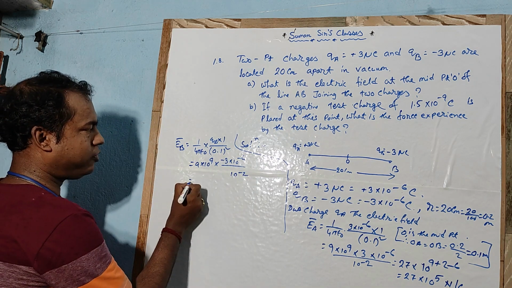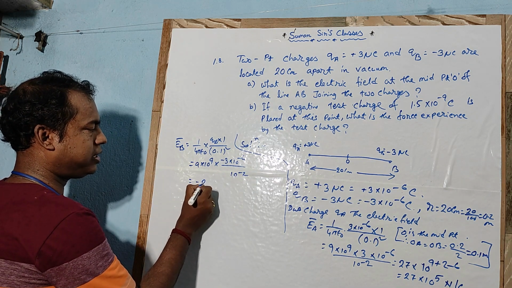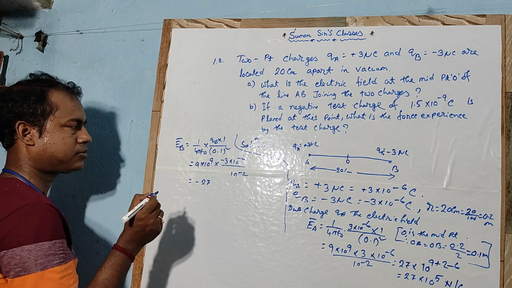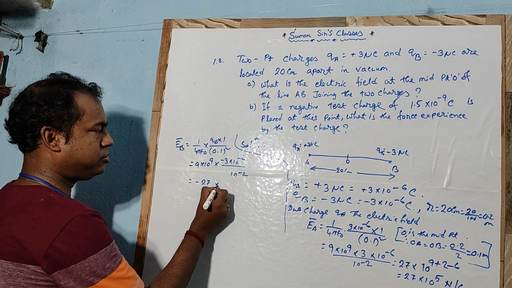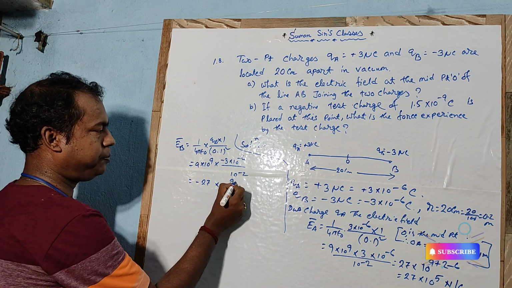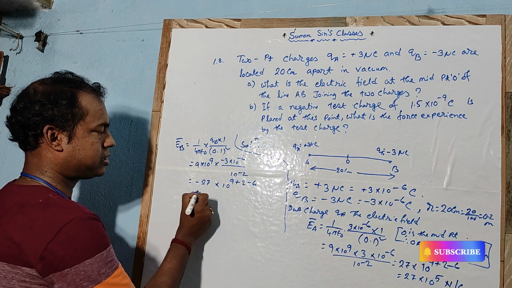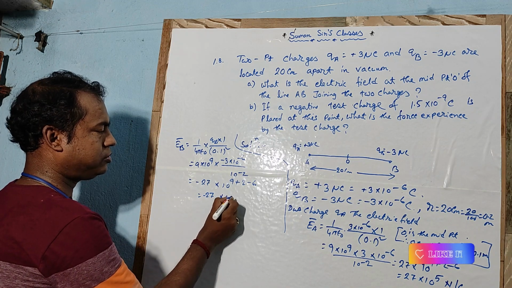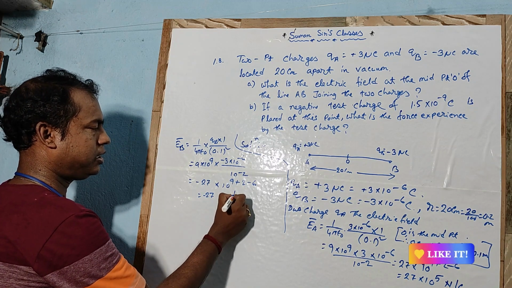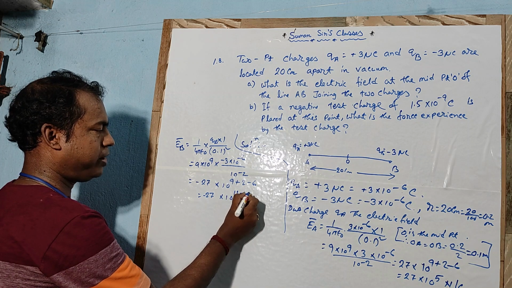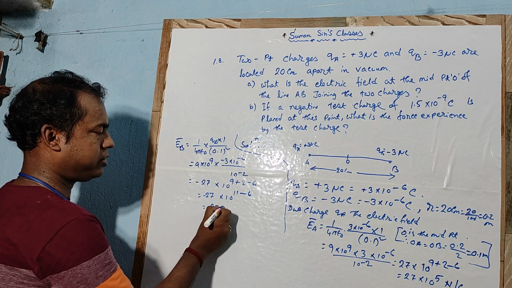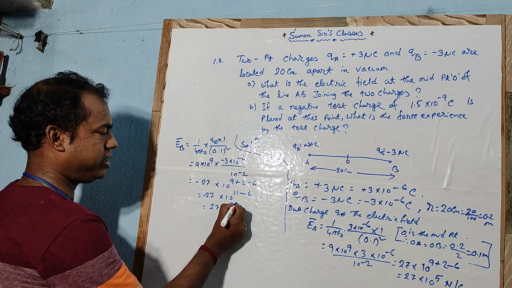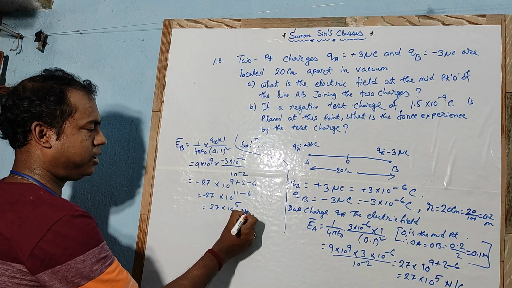So it may be written as minus 27 into 10 to the power 9 plus 2 minus 6. So that is minus 27 into 10 to the power 11 minus 6, that is 27 into 10 to the power 5 Newton per Coulomb.